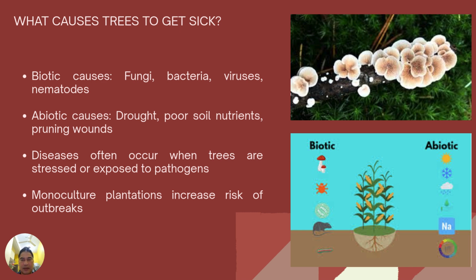Then you got the abiotic causes, stuff like drought, nutrient poor soil, or even damage from things like pruning. These don't directly cause disease, but they weaken the tree and make it easier for infections to happen. And in plantations, especially when you have large areas planted with only one species, the risk of diseases spreading is much higher.